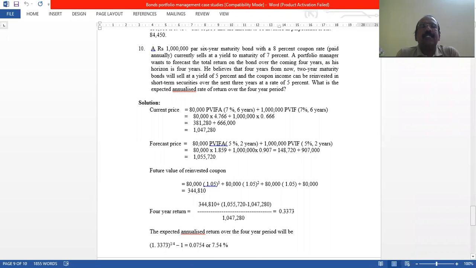A 10 lakhs par 6-year maturity bond, 8% coupon rate paid annually, currently sells at yield to maturity 7%. So 8% is the coupon rate, 6-year maturity bond, and yield is 7%.